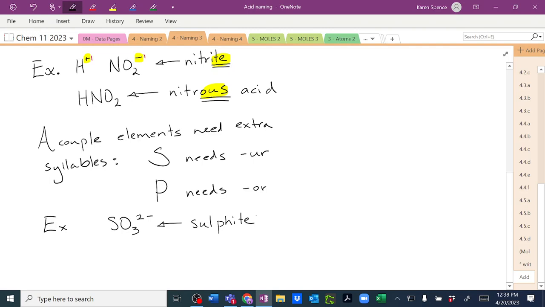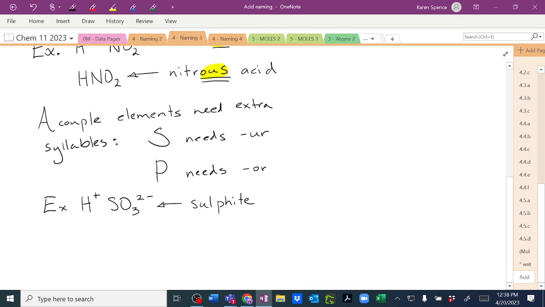All acids contain the H+ ion, so that's the other part of the acid, is the H+ ion. Do our charges balance each other out? Does the total positive equal the total negative?